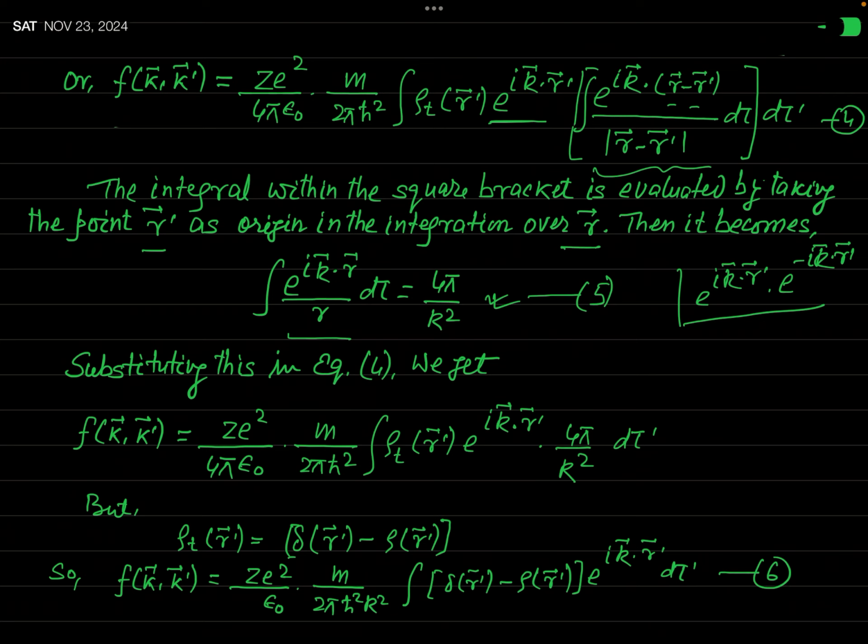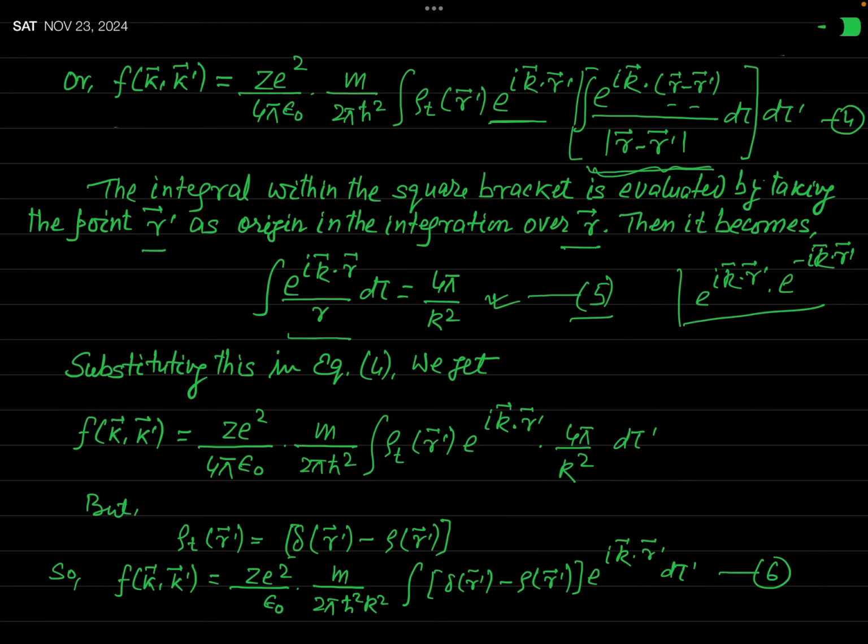You should remember it. I have not evaluated this integral, but you should remember it. So using this result defined in equation 5, you can write 4 pi over kappa square instead of the integral inside this square bracket.